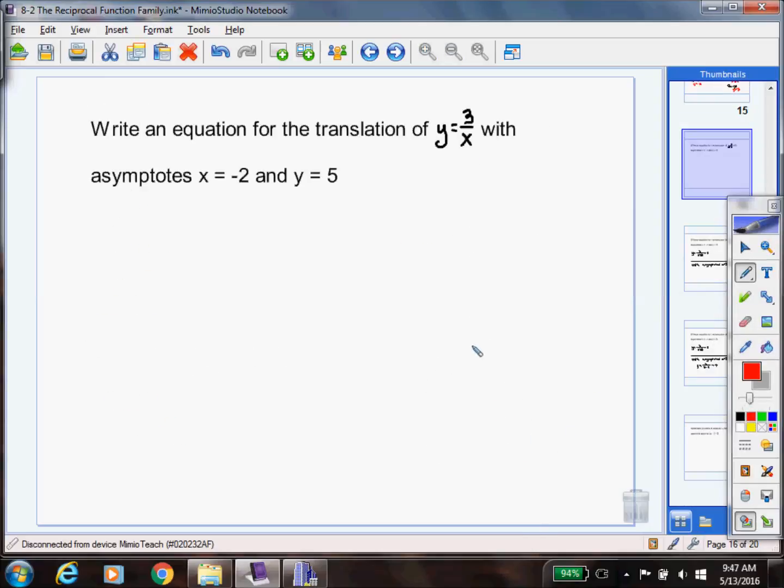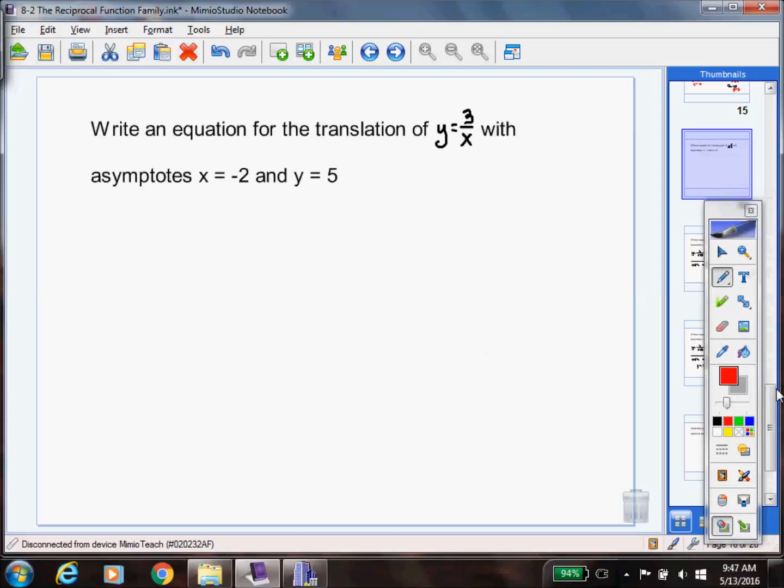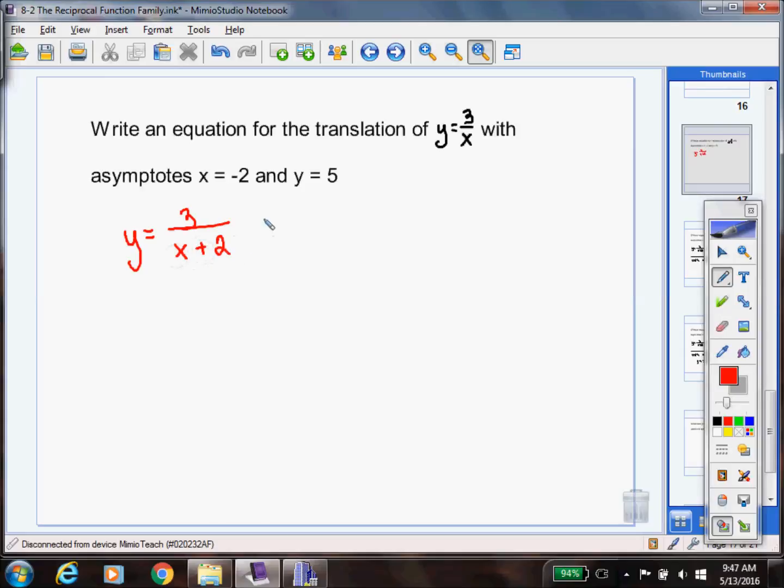Now, in the writing of an equation for a translation, you take the parent function and then use the things you know about up, down, left, right, and the asymptotes to be able to write a new equation. So our new equation here is y equals 3 over x plus 2, plus 5.